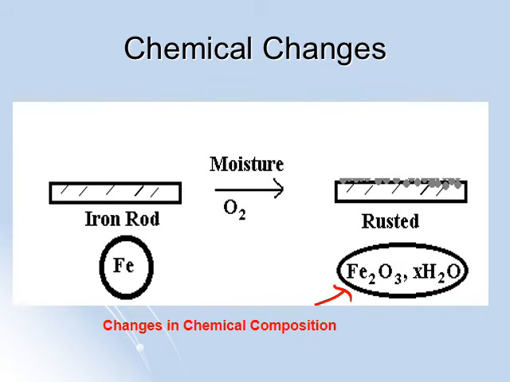It could be a varied number of H2O. So that gives you rust. Now what kind of change is this? Is this a physical change? Answer is no, because here we originally started with iron, but we ended up with iron oxide. So the composition has changed. It didn't remain the same.